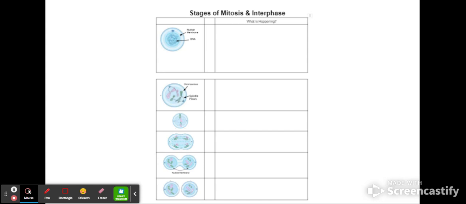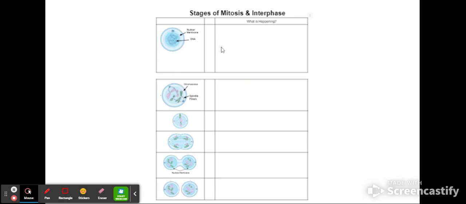So let's do one together. Let's do this first one. Notice I see something labeled chromosomes here, and I don't see any of the squiggly DNA. I'm going to write down something like, chromosomes can be seen. That was different from this picture.